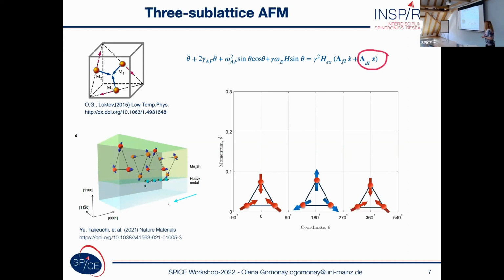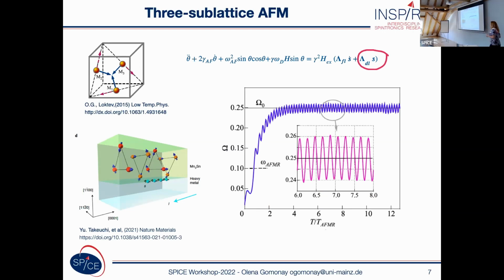Then when we apply a spin current, which is DC, this system shows rotation in the easy plane, which is very similar to the behavior of the collinear antiferromagnet. This rotation takes place with a frequency which can be even larger than the frequency of the antiferromagnetic resonance, and on top of these oscillations we have a kind of nutations.